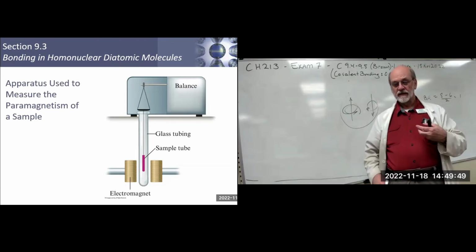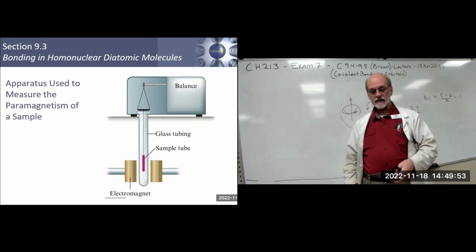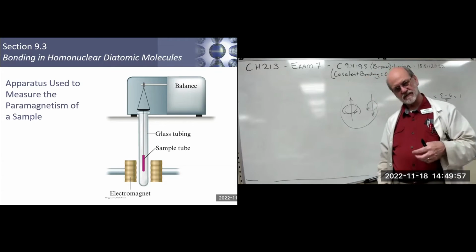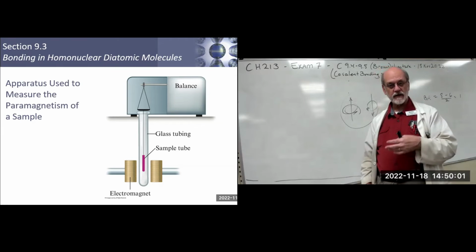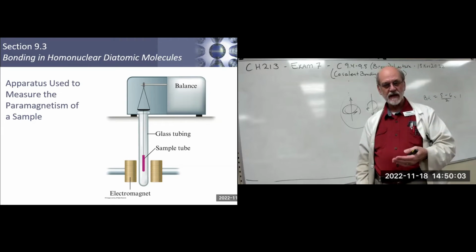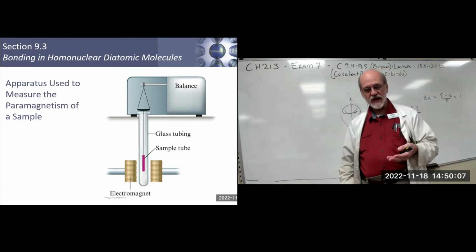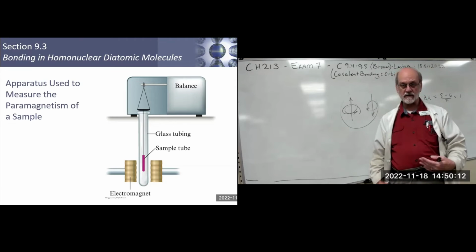Now, this is not just something we invented, pulled out of thin air. It's observed, and it can be measured in a device that's schematically like the one shown in the slide, where you have a very sensitive balance, and you lower your sample into a magnetic field, and you measure the pull or the repulsion of your sample as it enters that field.